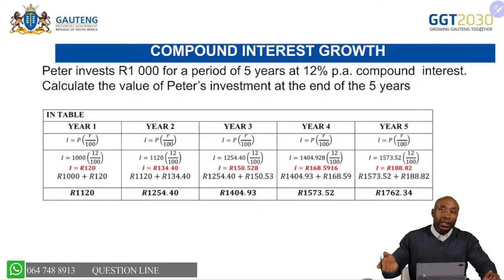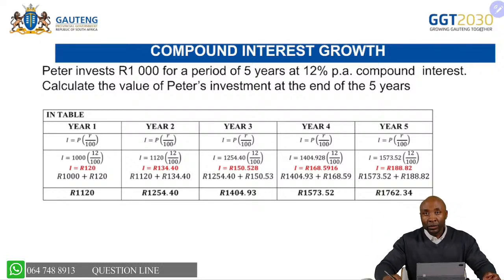So the interest keeps on accumulating because our principal amount will change. Whatever is the final amount at the end of the first year becomes the principal amount for the second year, whatever is the final amount at the end of the second year becomes the principal amount for the third year. And this continues like that, as illustrated in that table.